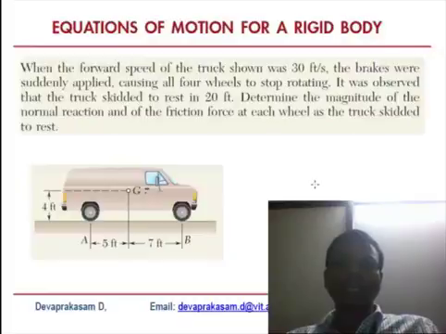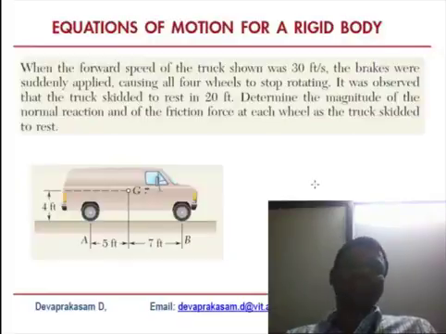The question here is to determine the magnitude of the normal reaction and the friction force at each wheel as the truck skids to rest. Here kinetic friction is involved, and there is a normal force. There are four wheels, but because it's a plane motion of a rigid body, you can consider a two-wheel system and divide the force, because it's symmetrical.